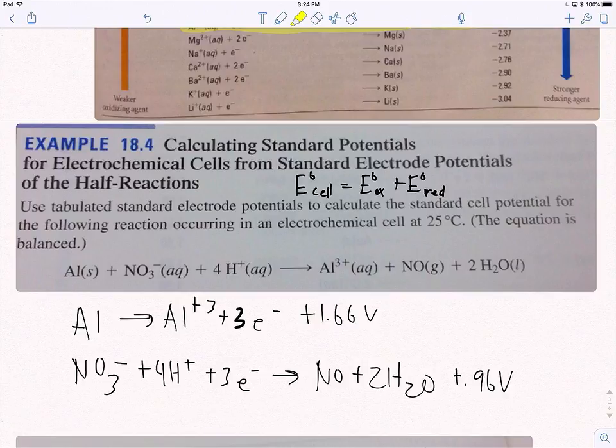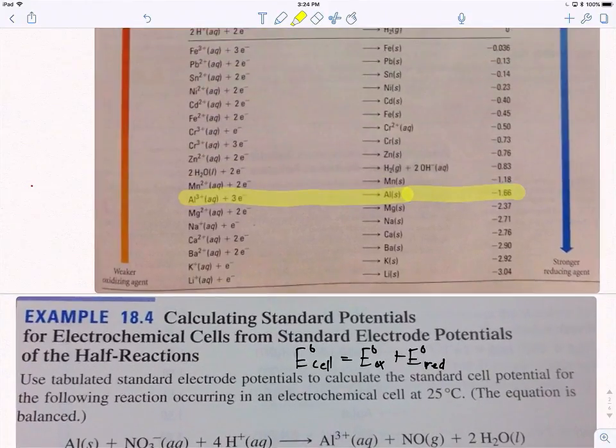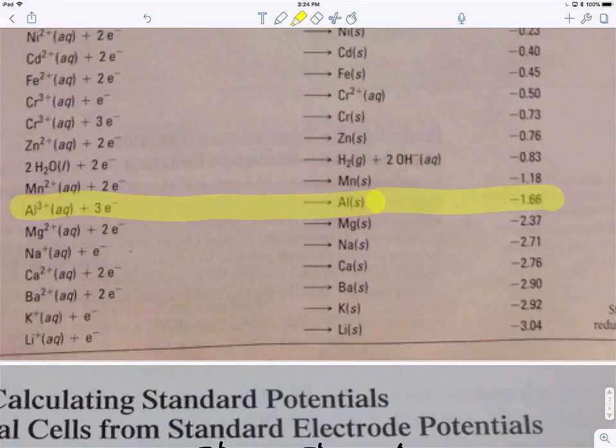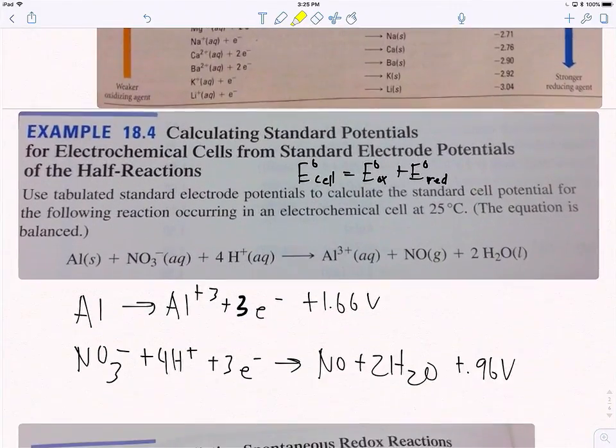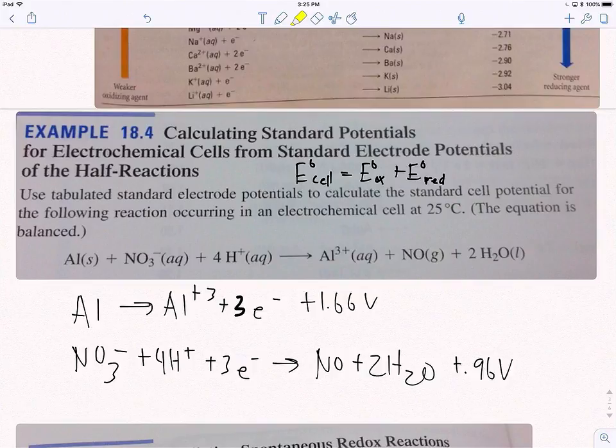So when we write out this equation, we keep this as the reduction potential. But the oxidation potential, if you see here for aluminum, this is the reduction potential, aluminum ion plus 3 electrons. It's going the other way around. Aluminum is being oxidized.